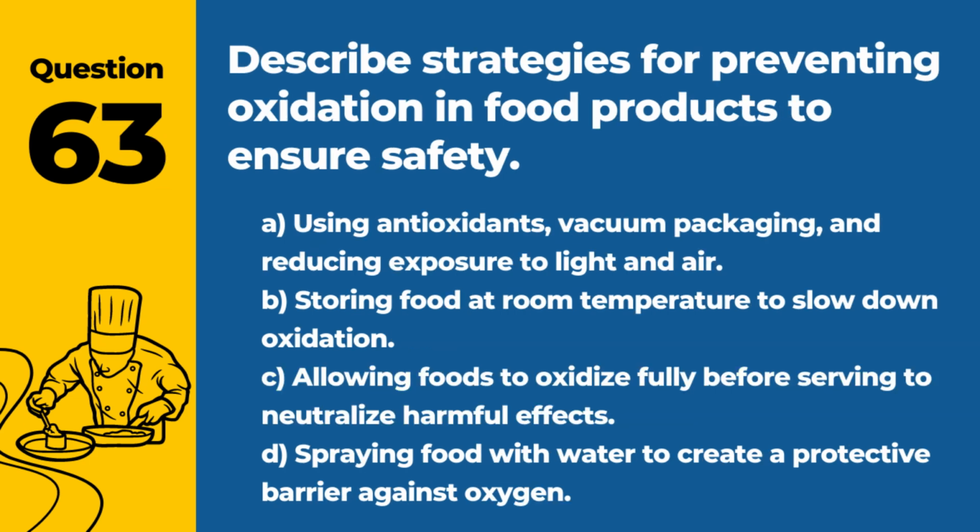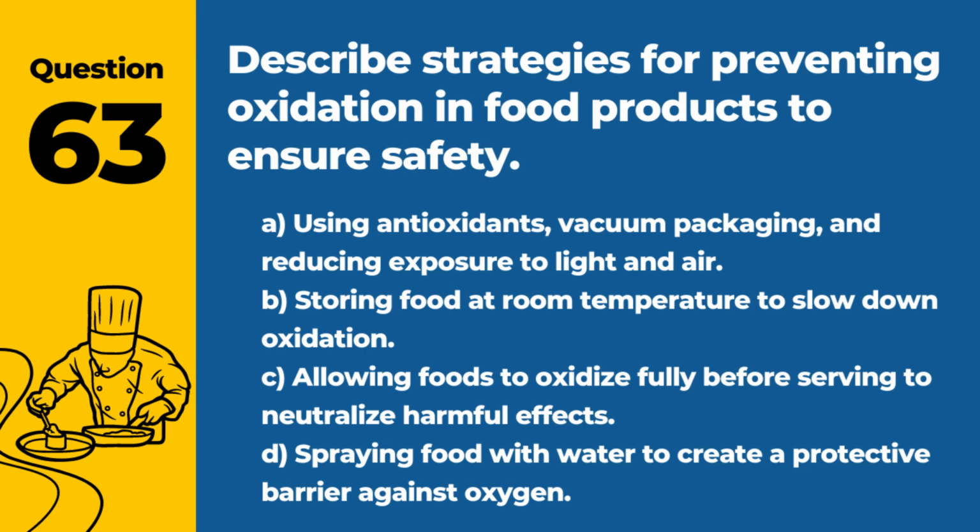Question 63. Describe strategies for preventing oxidation in food products to ensure safety. A. Using antioxidants, vacuum packaging, and reducing exposure to light and air. B. Storing food at room temperature to slow down oxidation. C. Allowing foods to oxidize fully before serving to neutralize harmful effects.